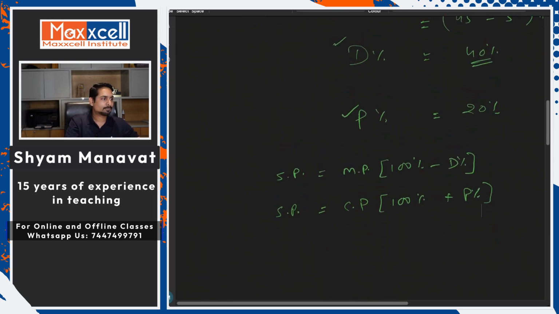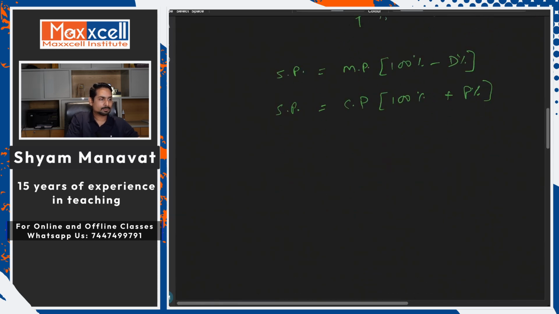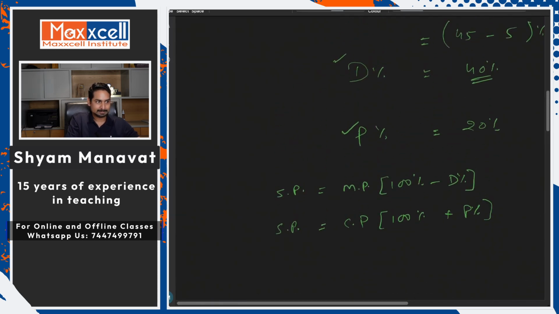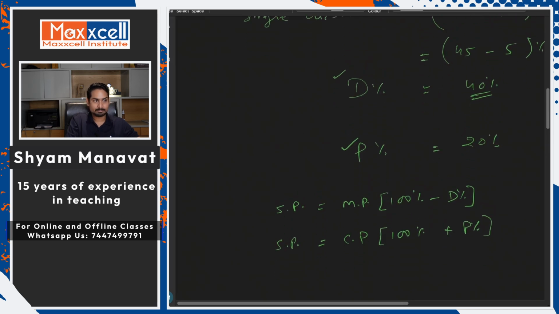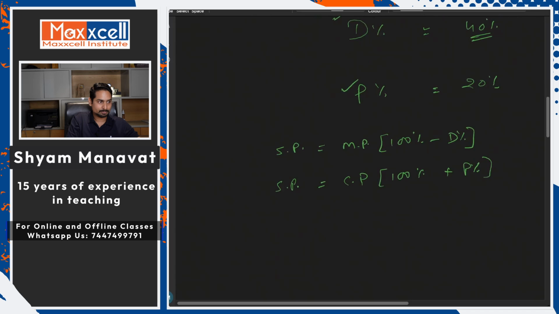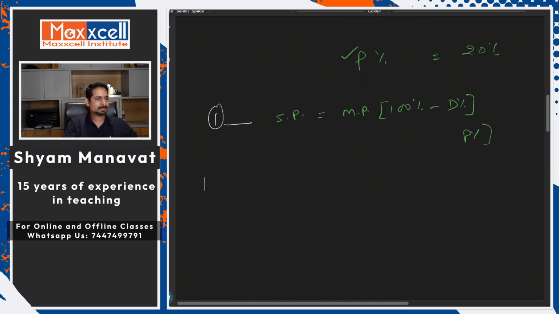All right, what next? Simplify further. Single equivalent discount is 40%, profit is 20%. If I use it here, this basically gives me a relationship between cost price and mark price. Are you wondering how? Let me show you how.